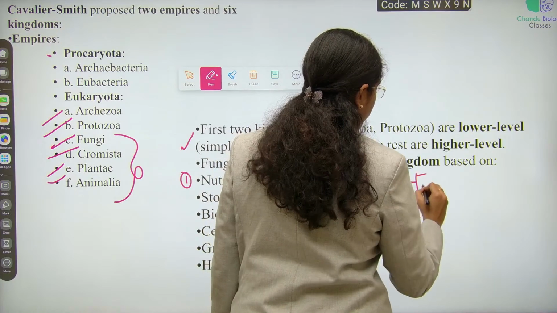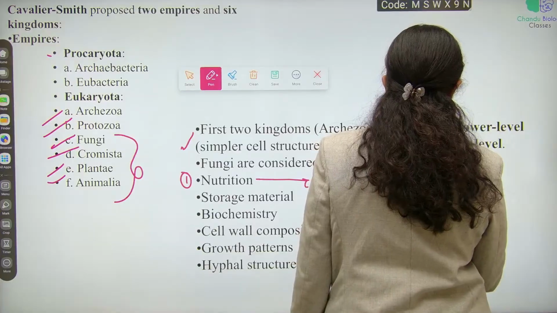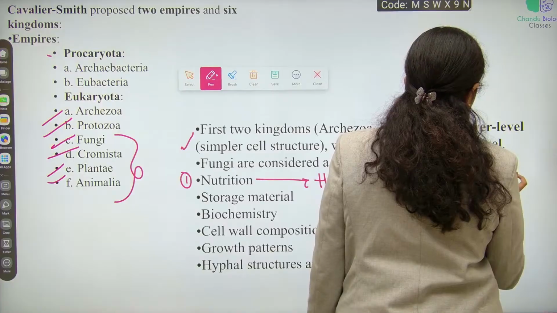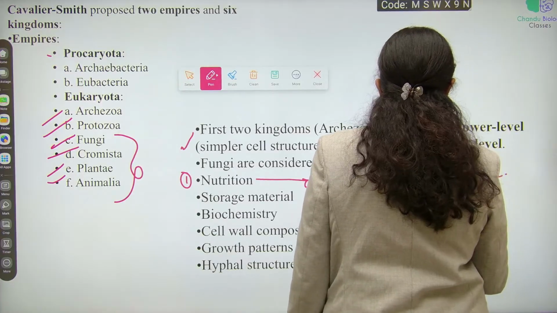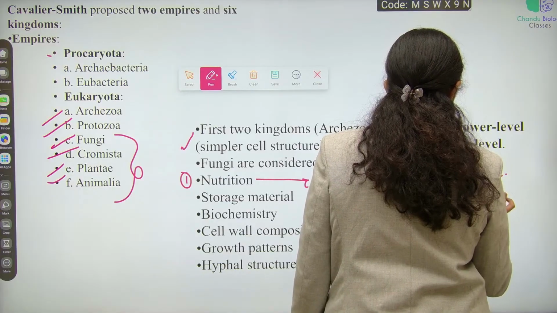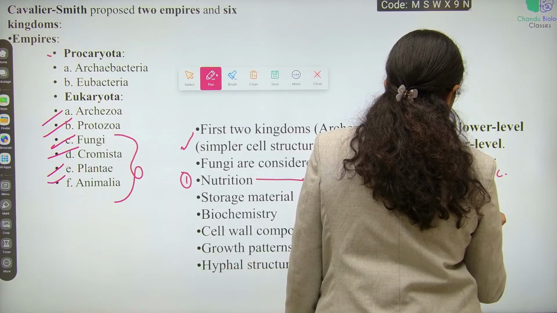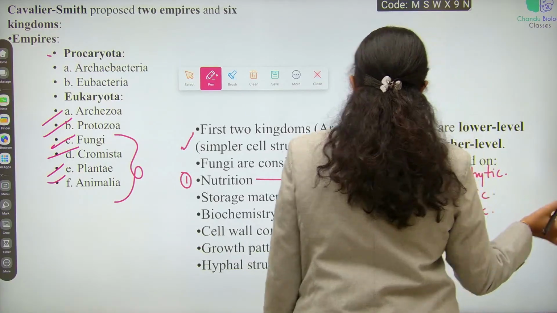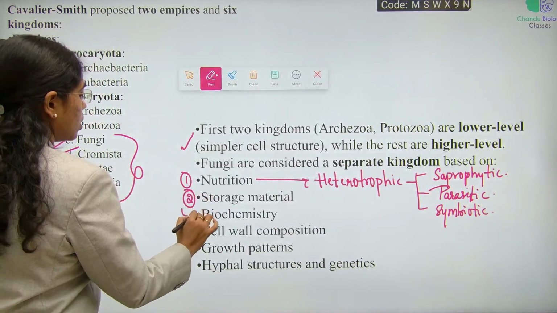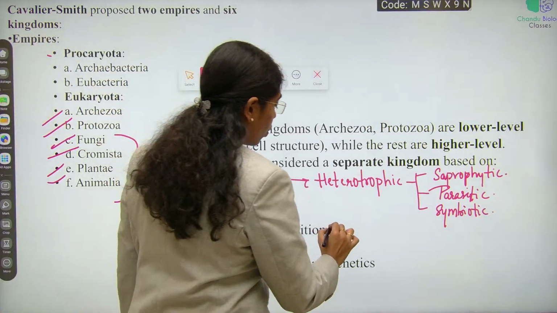This heterotrophic nutrition can be saprophytic, mostly it is saprophytic, at times parasitic and symbiotic. Next, storage food material is glycogen.